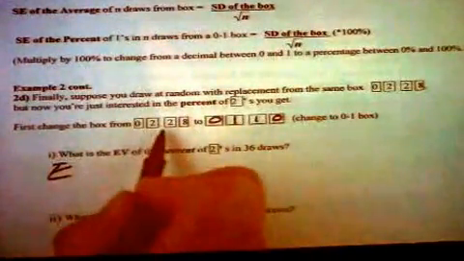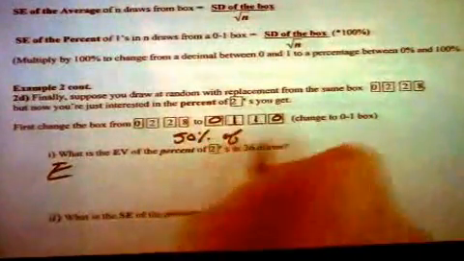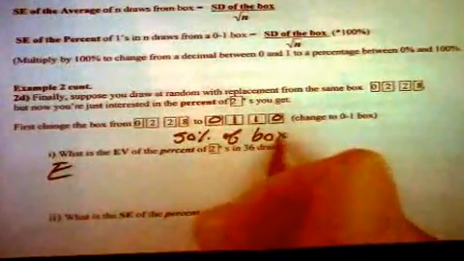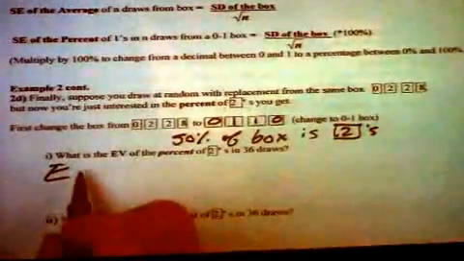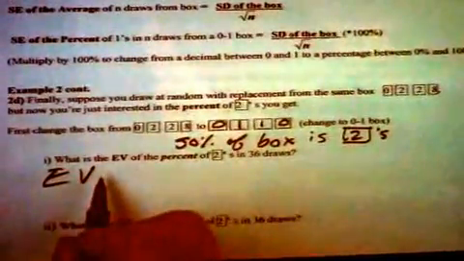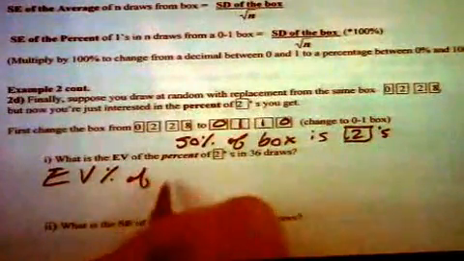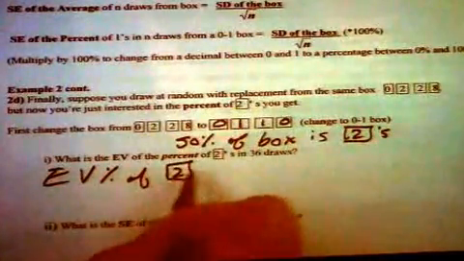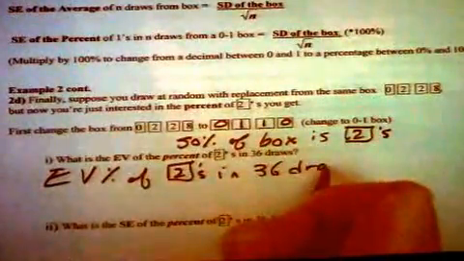If 50% of the box is 2s, what would be the expected value of the percent of 2s in 36 draws?